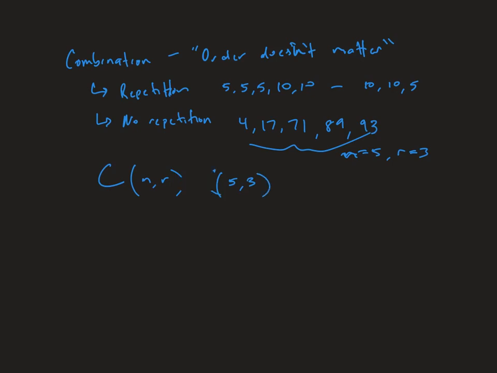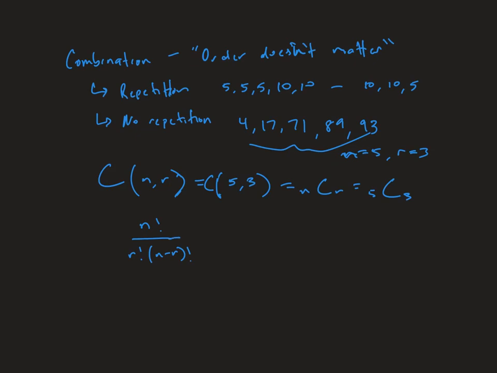And then you can also write it another way, as NCR. Again, the N would be 5. C stands for combinations. And R is 3 because we chose 3. So then the formula, which is super important, is N factorial over R factorial times N minus R factorial.